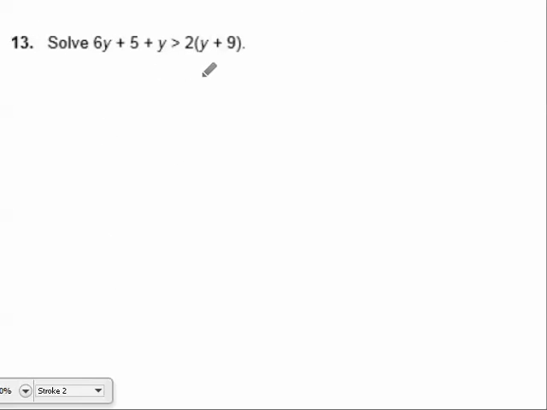13. Solve this one. Well, I can see that I've got y terms on here that need to be combined. So I'm going to get 7y plus 5 is greater than 2y plus 18. I just did the distributive property over here.